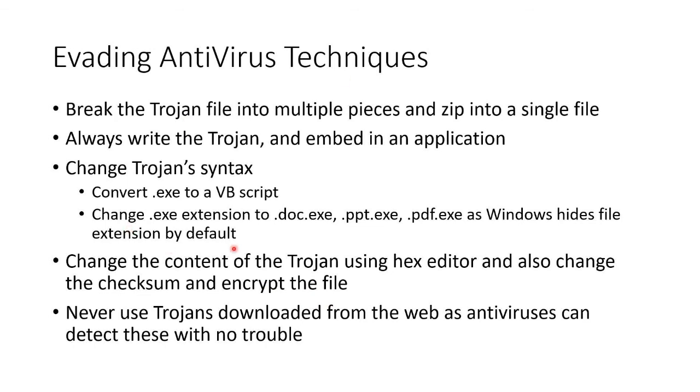So there are loads of ways of trying to evade antivirus. And they say, never use Trojans downloaded from the web, as antiviruses can detect these with no trouble. So in other words, you should be modifying your own. So that is a look at Trojan tools.